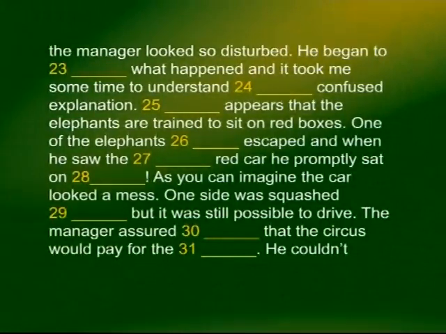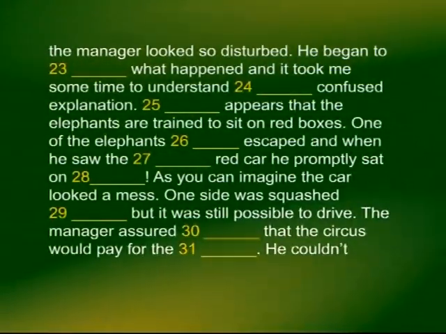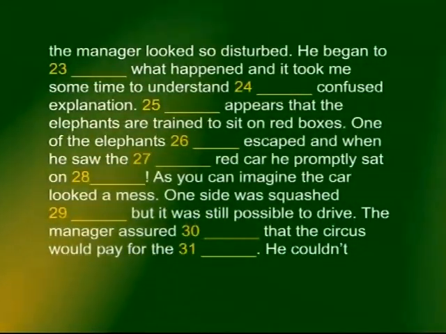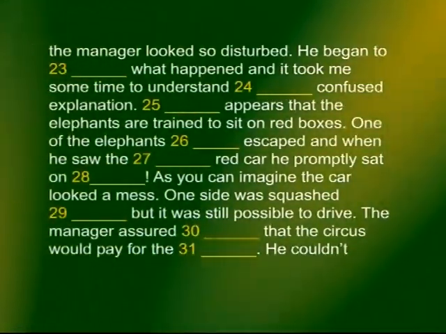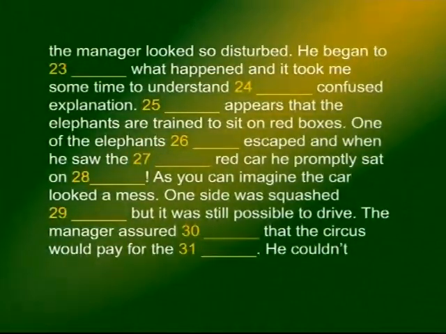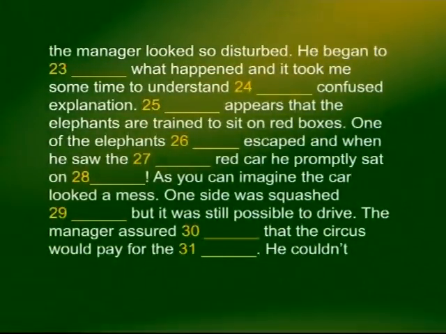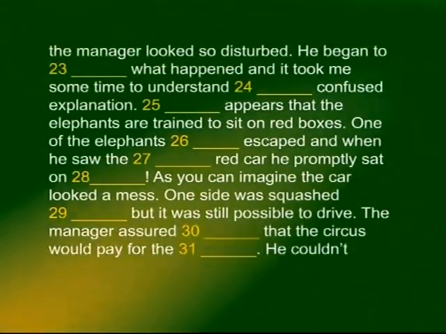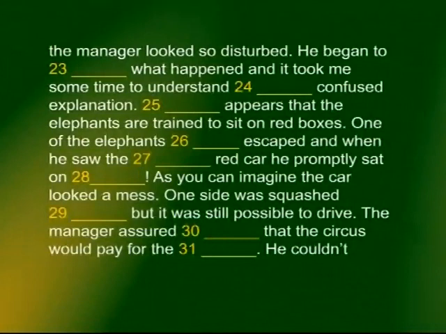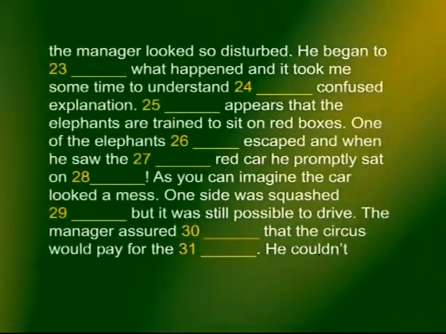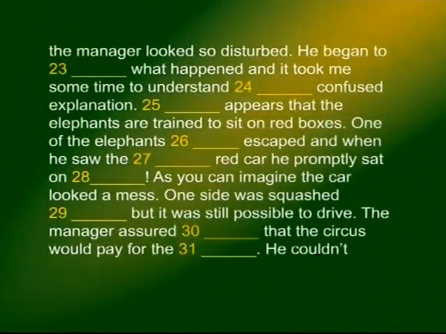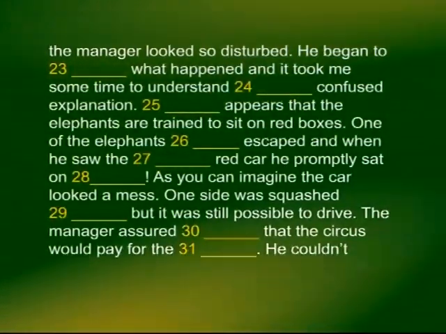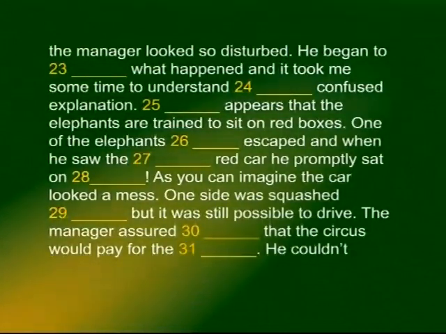And then gap number 23: "he began to what happened, and it took me some time to understand confused explanation." You've got a hint over there. He's talking about explanation. So you can fill gap number 23 with the word "explain". He began to explain what happened, and it took me some time to understand his confused explanation, and the word would be "his".